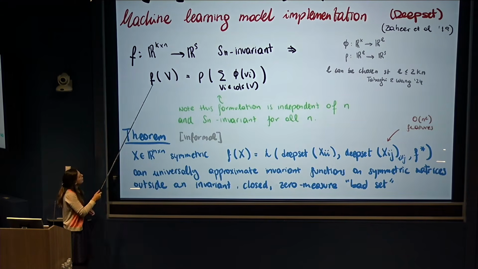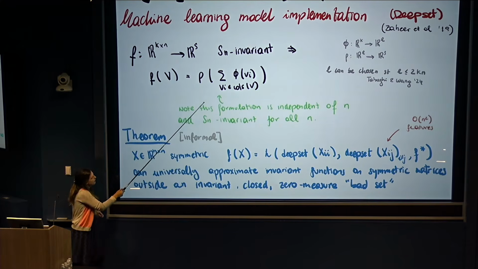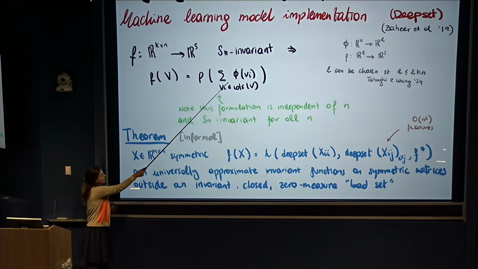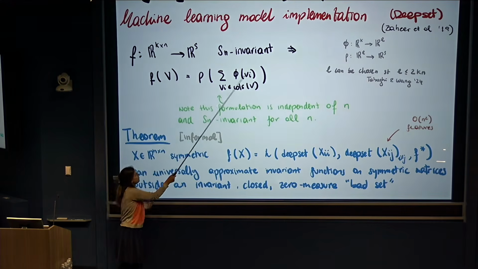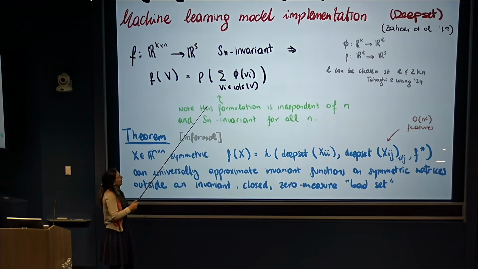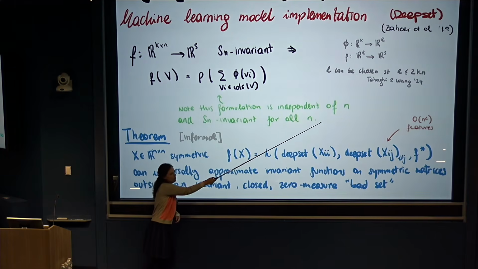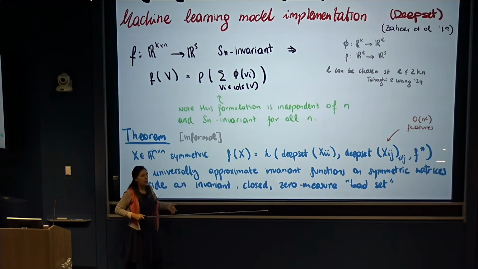The interesting thing about this machine learning formulation is that you write it like this, and then this embedding and this map you can learn from data using an MLP or something like that. This is an invariant function that can be parameterized independently of the number of columns in your input, so independent of the point cloud size.